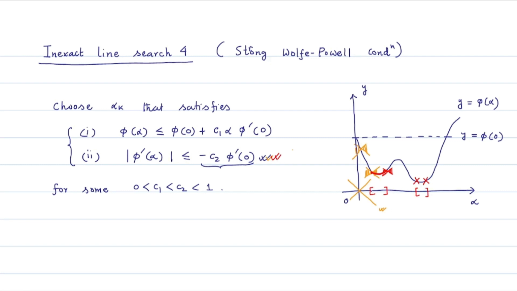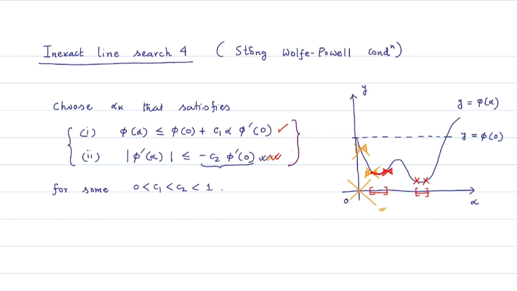So the union of these two intervals will give us the set of alpha values which satisfy the second condition, the strong Wolfe condition. Now we consider the set of all points that satisfy the first condition, then take the intersecting region which satisfies both the conditions. That will give us the set of all points which satisfy both these two conditions.